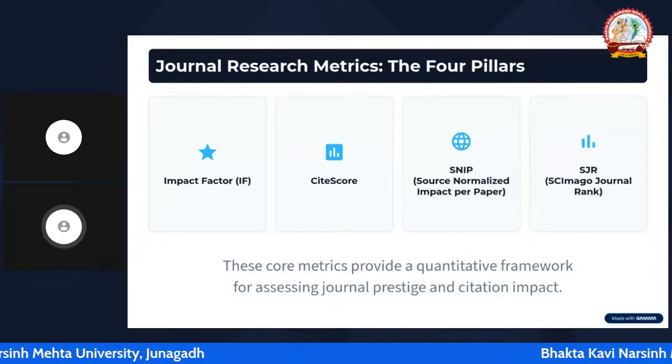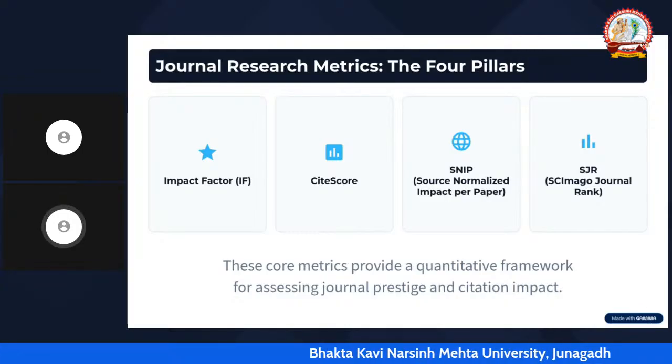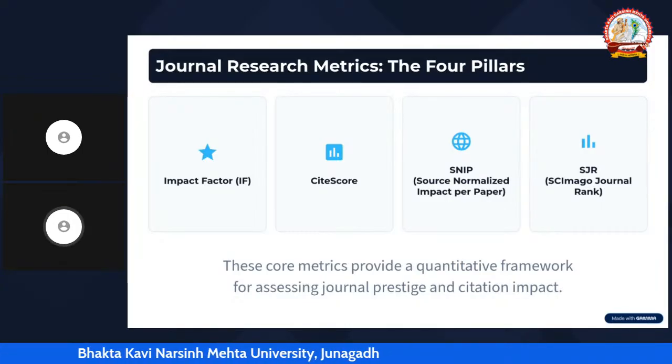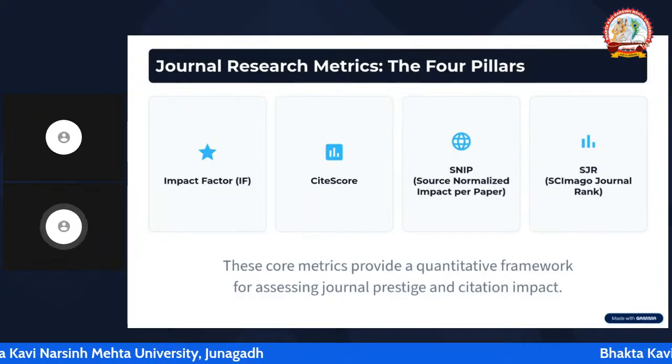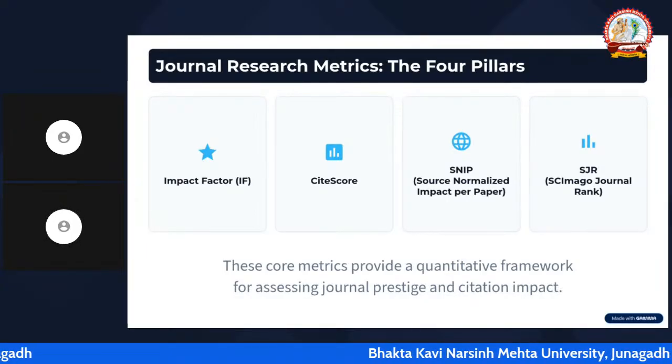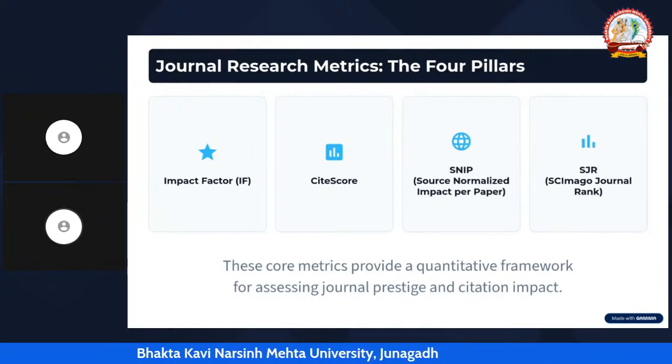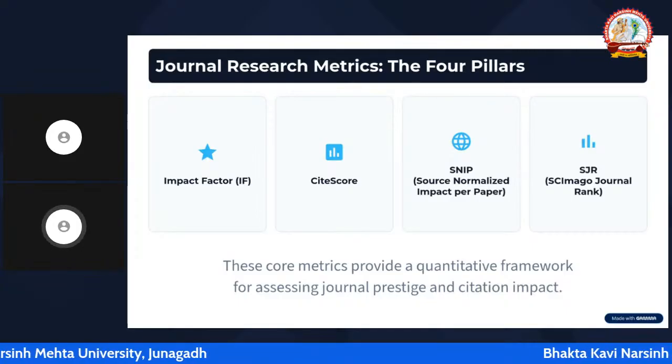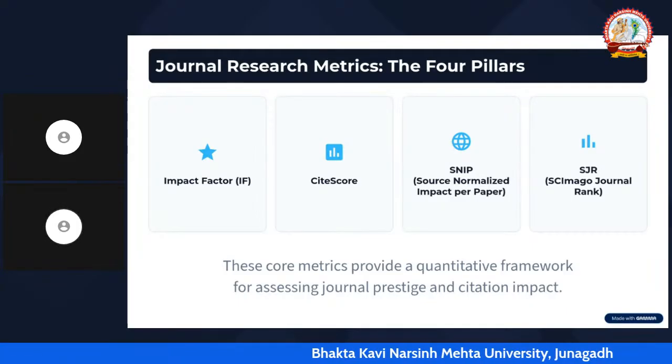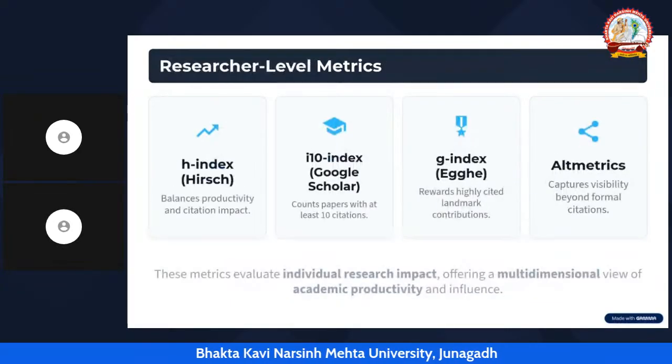In that, there are four pillars, or four major segments, through which we can identify which journal is most preferable or most appropriate for our publication. In this, we are discussing the impact factor, CiteScore, Source Normalized Impact per Paper, SNIP, and lastly, SJR.